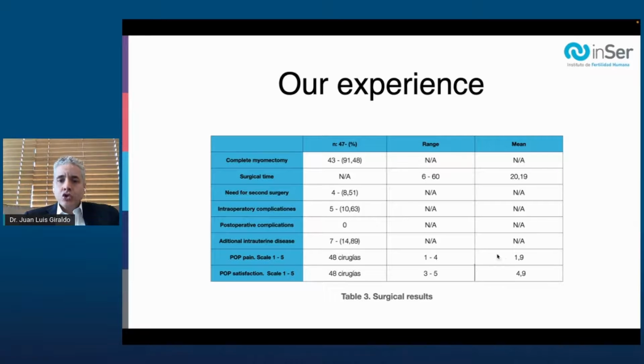Most patients answered between 1 and 4, with an average of 1.9. So it's really not much pain in these patients. 1 to 2 on the scale is just mild pain, so you can see that most patients referred to having either no or mild pain.